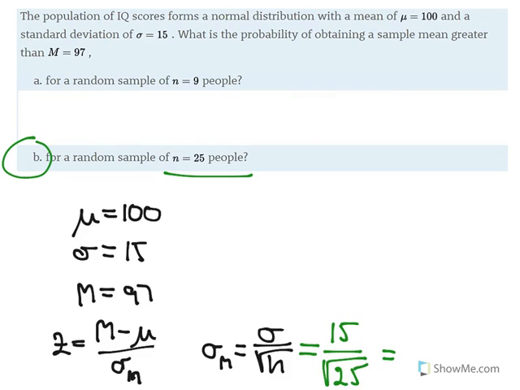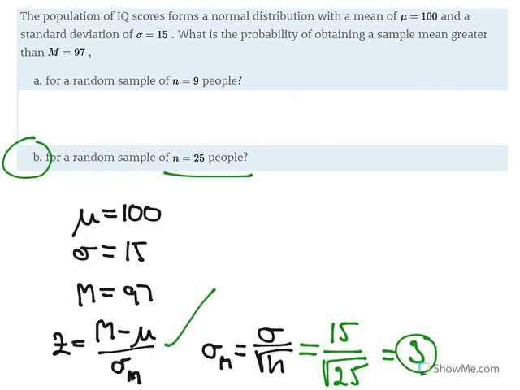So now we have 15 over 5, which is going to be 3. So our standard error decreased, right? It was 5 before, now it's 3 because we increased our n. We have a larger sample now, right? Increase of n reduces the standard error of the mean.